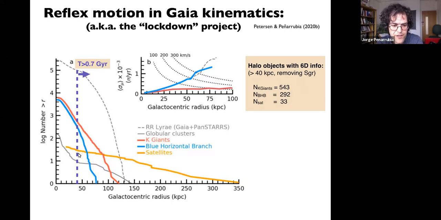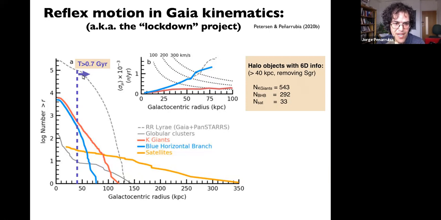And the choice of 40 kiloparsecs is because from this radius outwards, the orbital period is larger than 0.7 gigayears. So we think that the stars beyond 40 kiloparsecs will react impulsively to the LMC infall. See, these are the kind of errors you expect in Gaia. K-giants are much more accurate than BHBs. If you are wondering, these are the RR Lyrae stars.